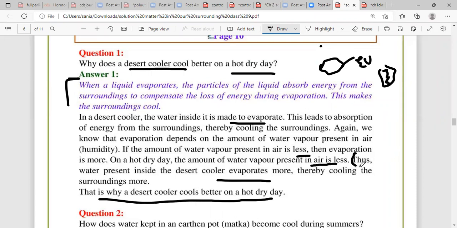Then you will also write: in a desert cooler, the water inside it is made to evaporate. Just don't write this first. First of all, write this, and after that, write this from here. The water present inside the desert cooler evaporates more, thereby cooling the surroundings more. That's why a desert cooler cools better on a hot dry day.